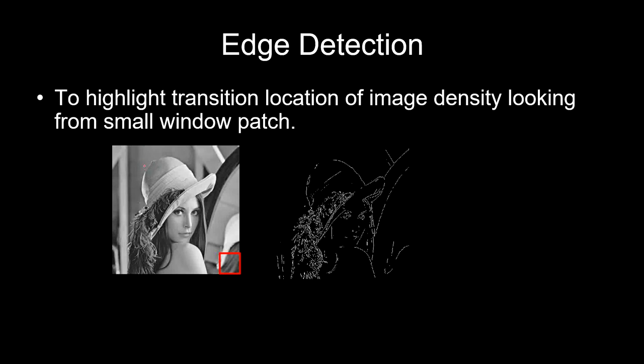Let's say for this location we have some transition point here, so it will be highlighted in our edge detectors. So once we apply the edge detection, this is the type of features that will be extracted, and then we'll pass this from layer to layer, depending on what type of features you want to enhance.